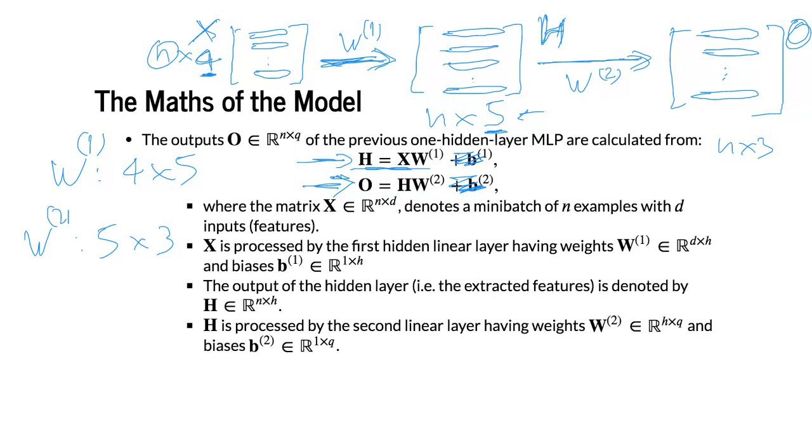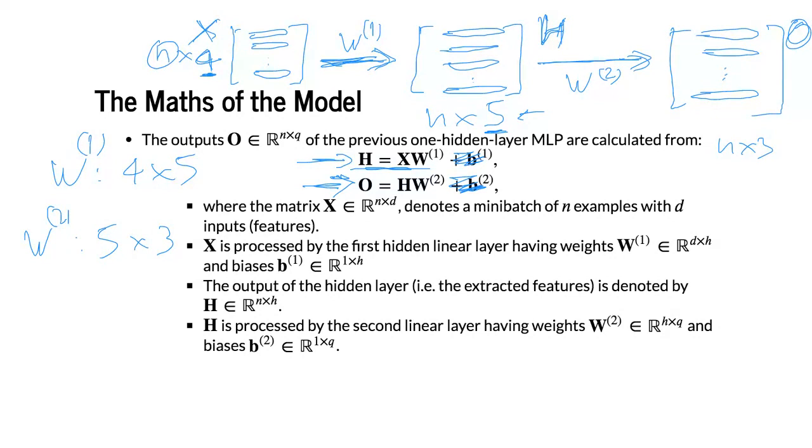So these are also the maths of the model. Question, is this process clear? How we go from X to H and from H to O, including the dimensions of the matrices? Is this clear? Perfect.